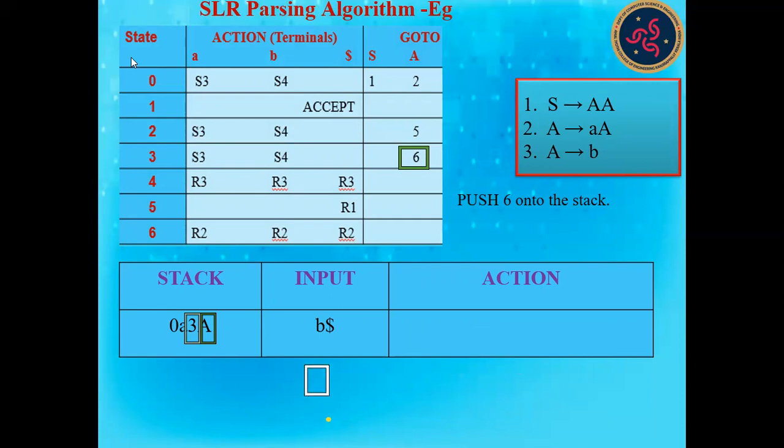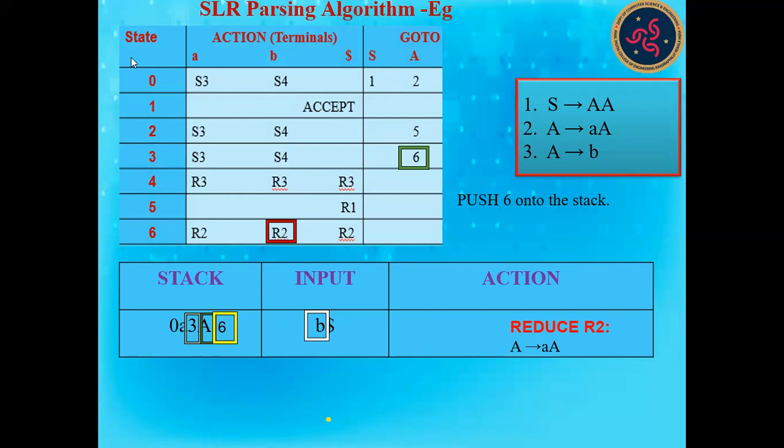Now I need to check with 6 and B. What is the operation? Here I have to again do the reduce operation with the help of production number 2, that is A gives small a capital A.